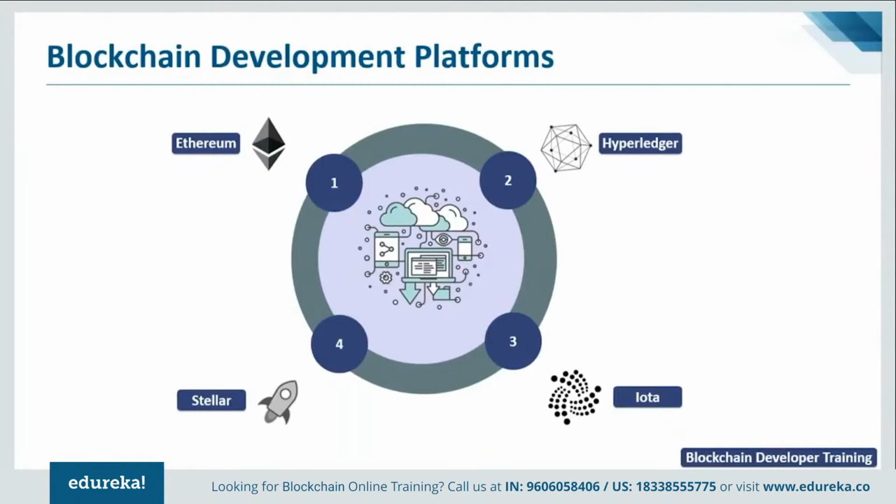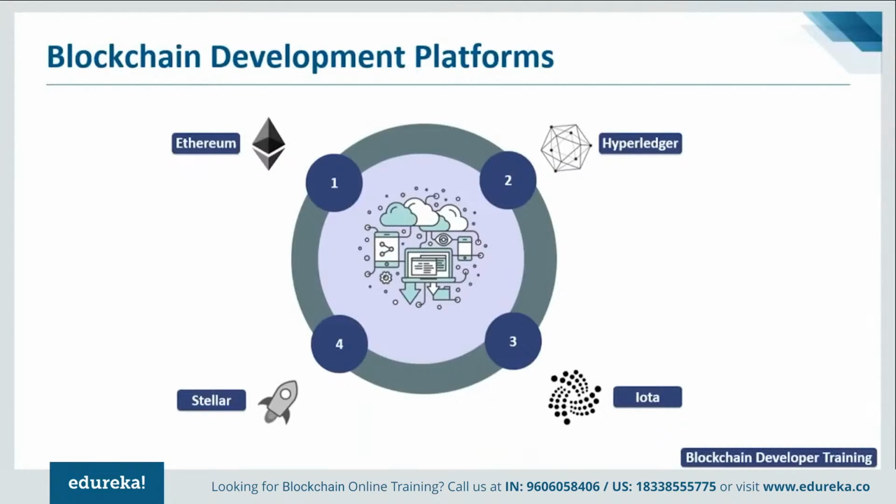Next, we have Hyperledger. Hyperledger is a project under the Linux Foundation that strives to bring blockchain solutions to industries and hence create a blockchain network that supports true private and confidential transactions. Next up, we have IOTA, which uses a special technology called Tangle. As the Internet of Things keeps expanding, the need for interoperability and sharing of resources has become a necessity.